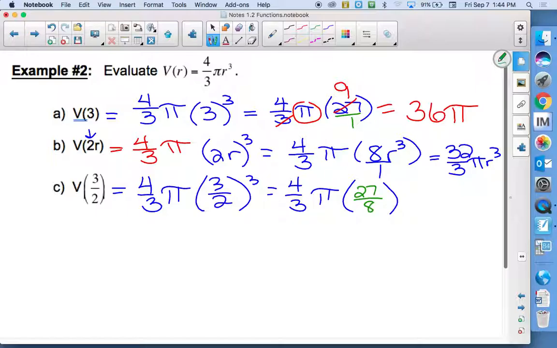Yep. So when you cube a fraction, top cubed, bottom cubed. And then reduce if possible. Cross cancel. So Alice, do these reduce? 3, 27. So that's 9. The 4 and the 8.